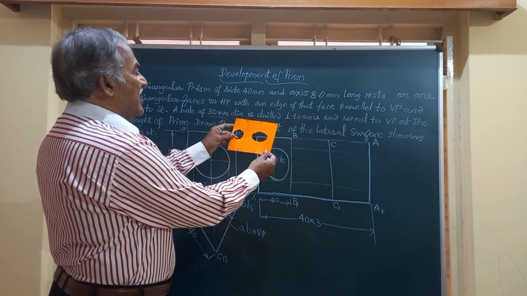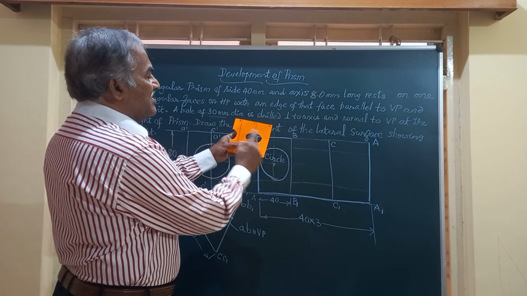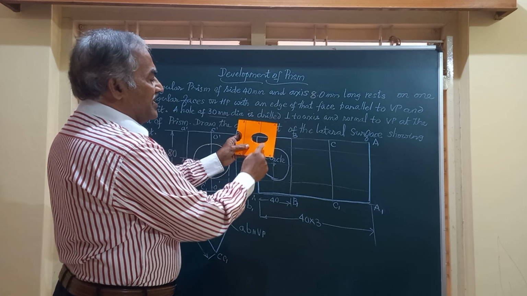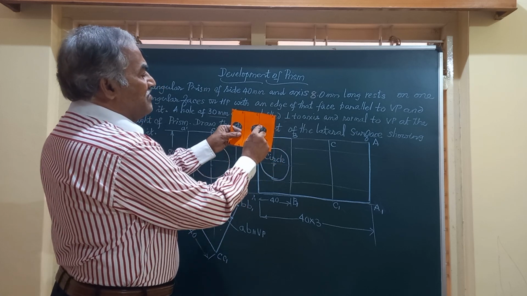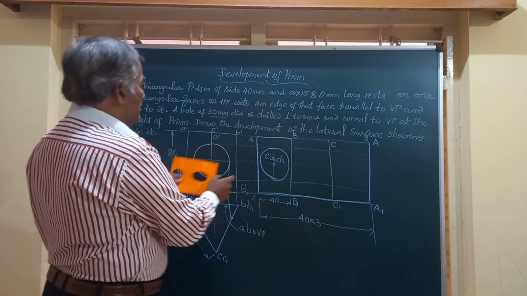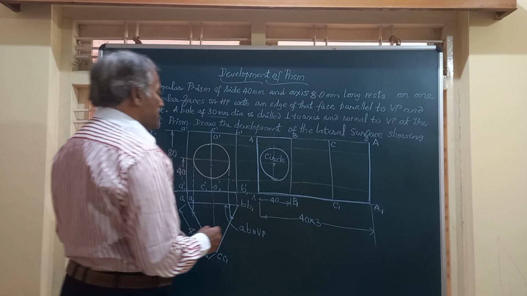So you are going to have a circle on one of the rectangular faces, and between the other two faces, you are going to have an ellipse having minor dia equal to diameter of the circle, major dia depending on the dimension. Friends, how to locate that is the question now.